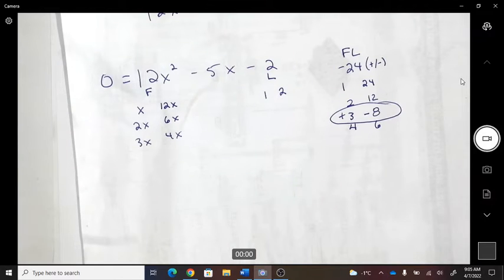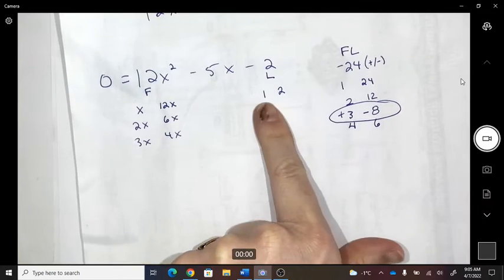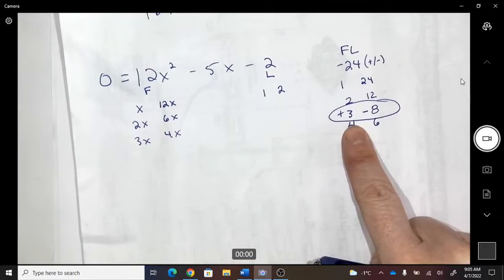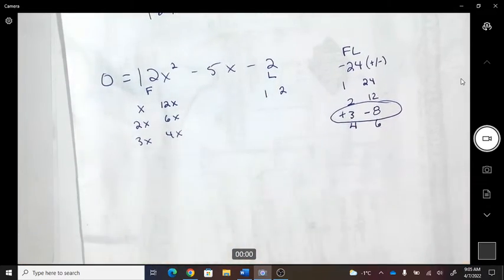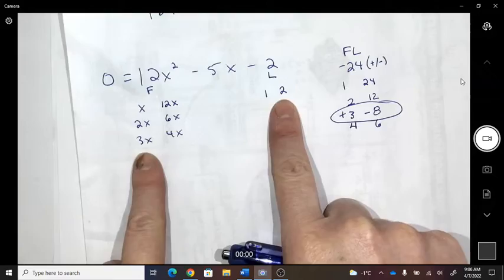Now I'm going to look for partners. I need some kind of partnership with this and this to make a 3, and some kind of partnership to make an 8. Do you see how I can match the sets together? I think I can match it with this.